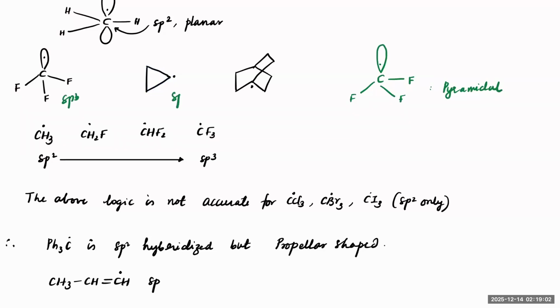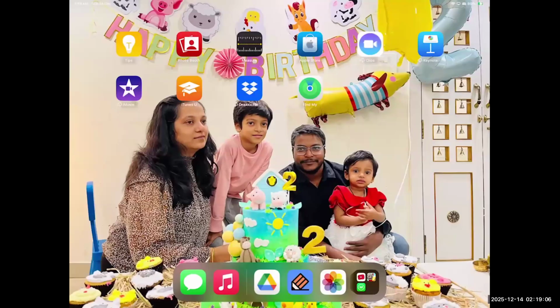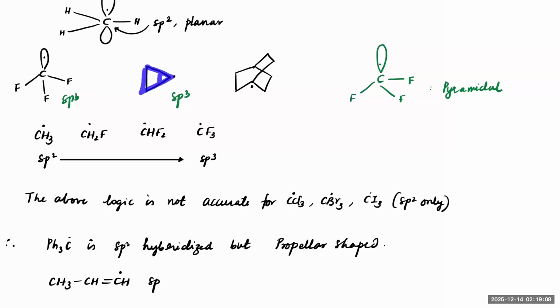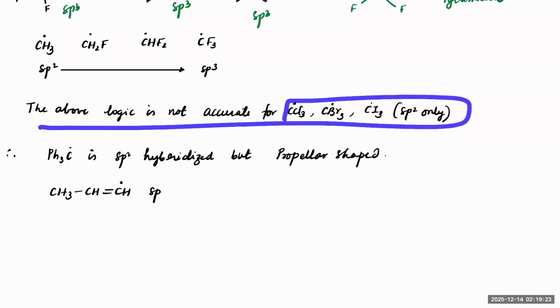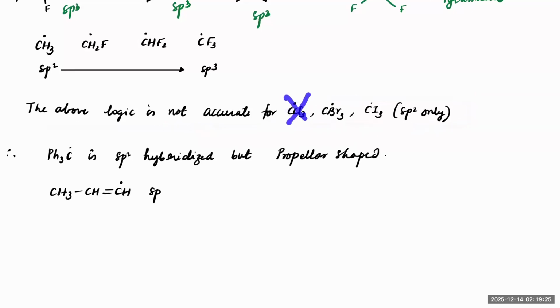It can also show sp3 in this case because it is extremely restricted with the bond angle 60. And here also it is an sp3 carbon, right? Now see, the above logic is not accurate for trichlorocarbene, tribromocarbene, carbon radical, and so on.